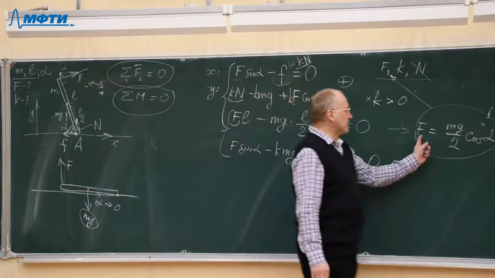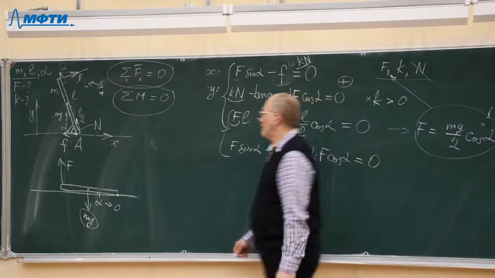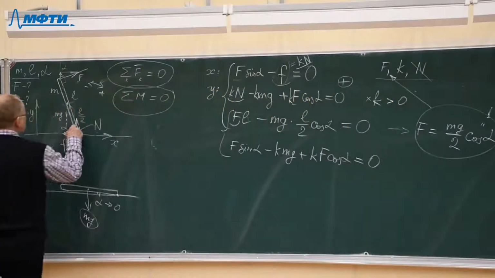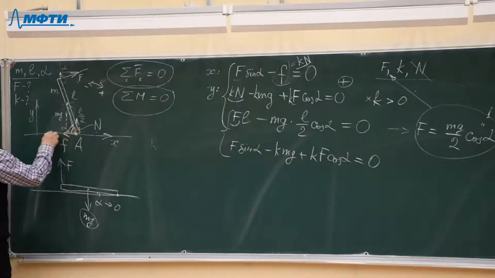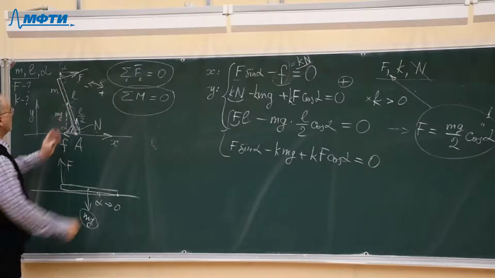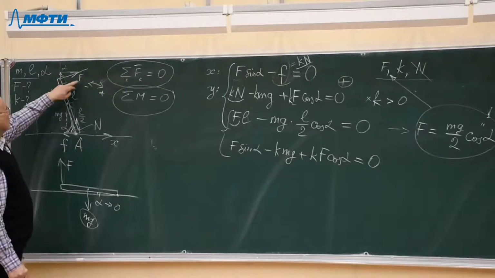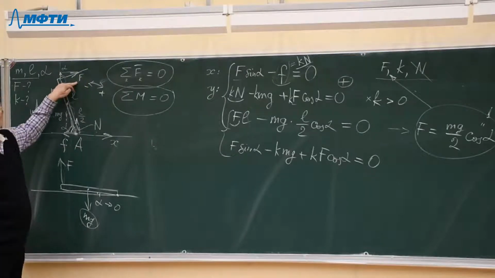Another limiting case is when alpha tends to 90 degrees. When this angle is almost the right angle, the rod stands almost vertically. In this case, you don't need even to pull the string. The force will tend to 0. It's obvious.